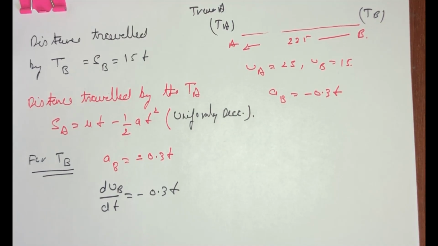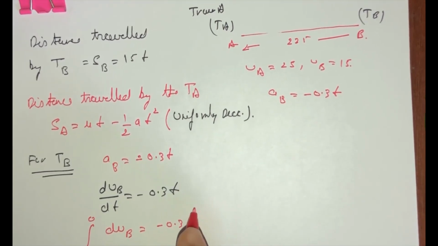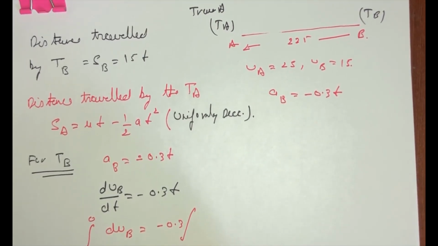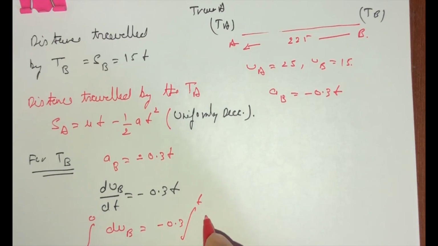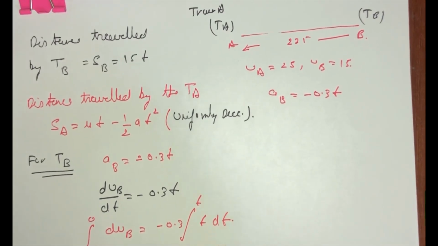Now integrating both sides with the respective limits of time as well as velocity. Velocity starts from 15 and stops at 0. So this will be dvB is equal to minus 0.3 t dt, with t from 0 to t.